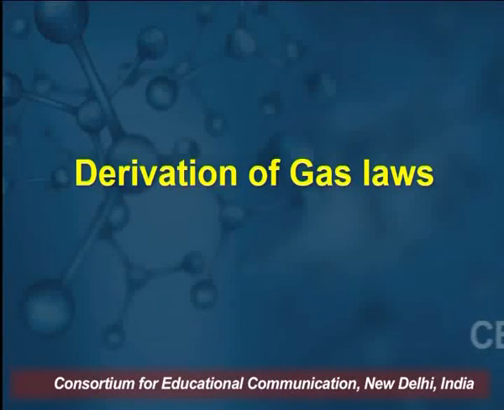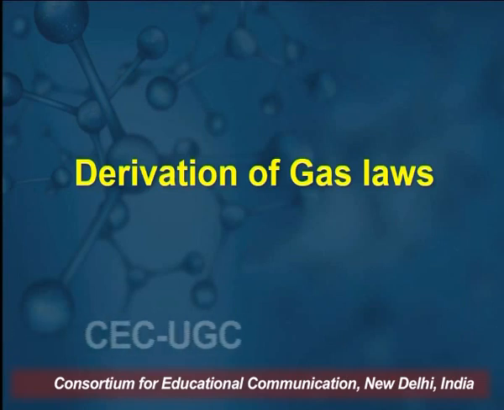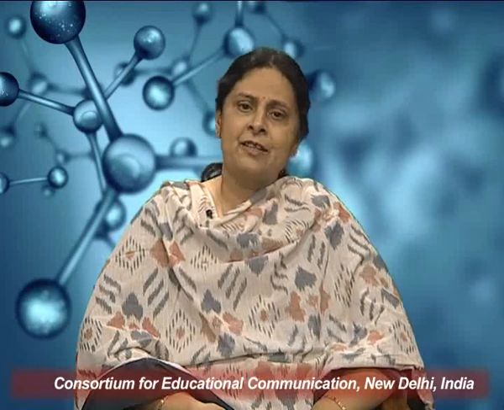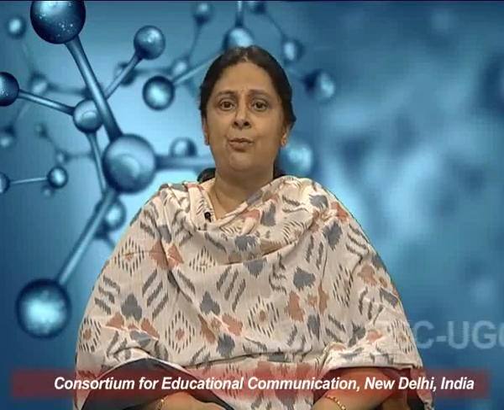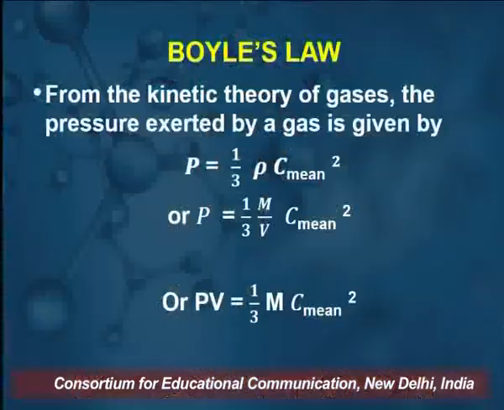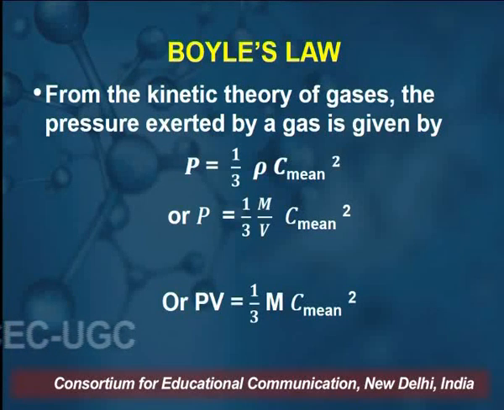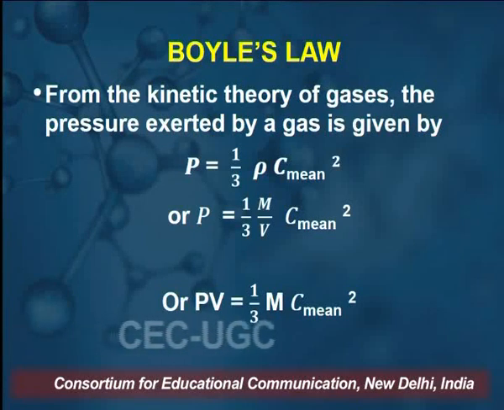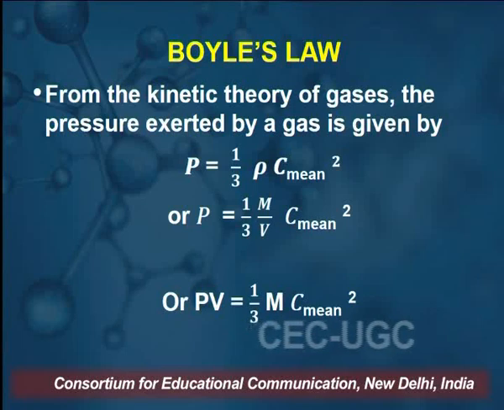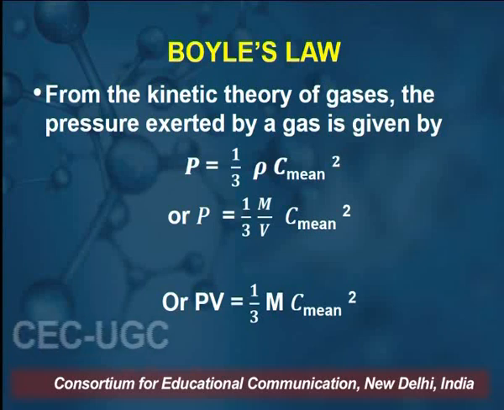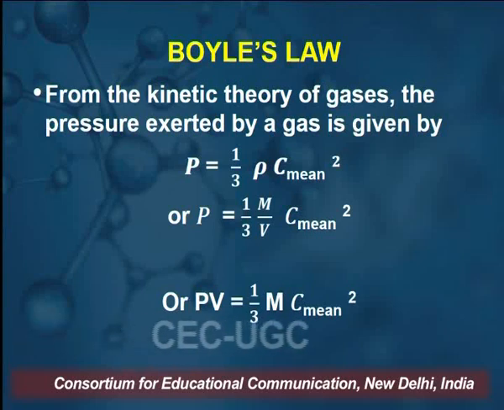Next, let us derive the most important gas laws from the kinetic theory of gases. The first law which we are going to derive is Boyle's law. From the kinetic theory of gases, the pressure exerted by a gas is given by P is equal to 1 by 3 rho C mean square.